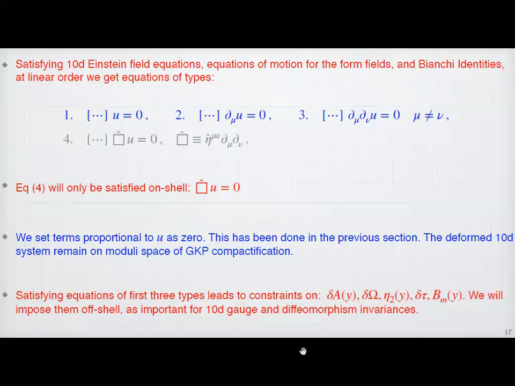I have plugged in the fluctuations, and they are the equations of motion. Now, in principle, if you are looking for solutions, you should satisfy all four of them. But we are relaxing this one, and we are maintaining the others. How? Not by setting U to 0, but by setting the coefficients to 0.